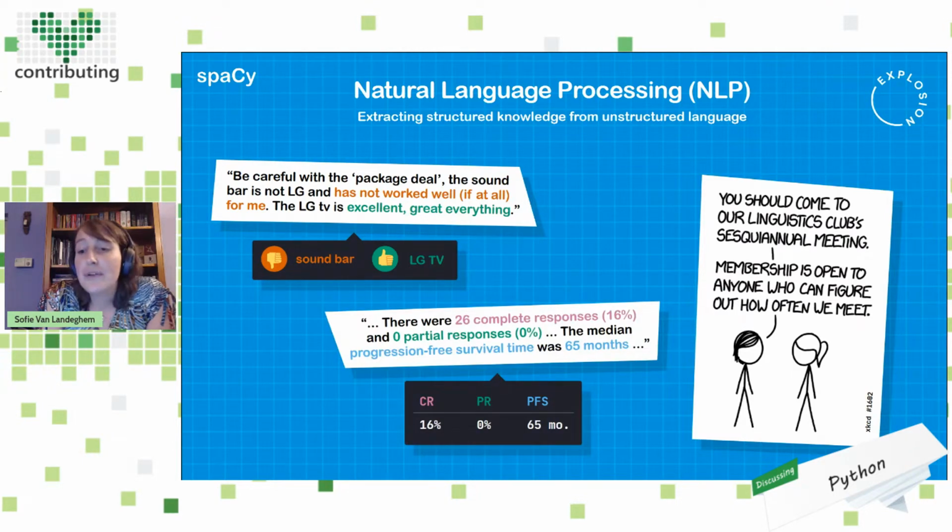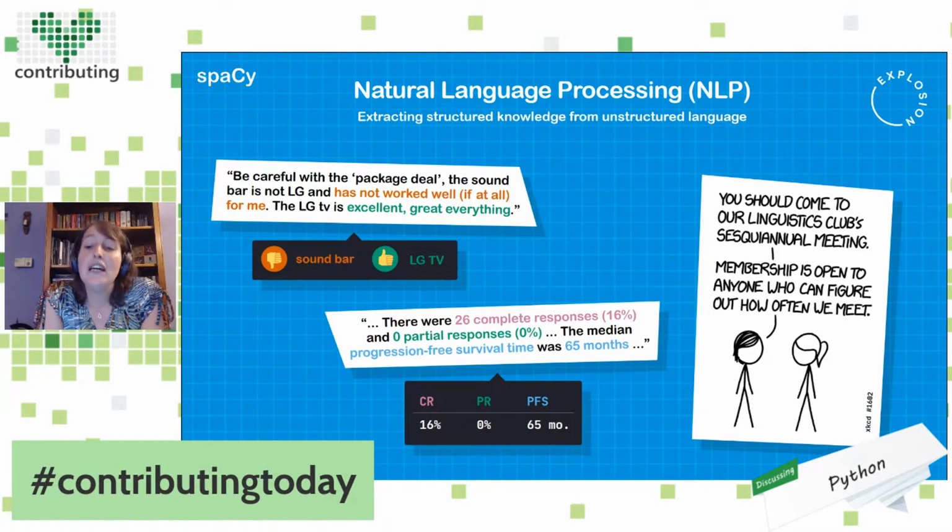Another use case that I worked on while I was working on BioNLP is mining clinical trials. Clinical trials basically summarize how well a certain treatment worked for a group of patients. In this case, it's about a cancer trial, and they are measuring how well patients are responding to a certain treatment. These things are often written out in full text in abstracts.